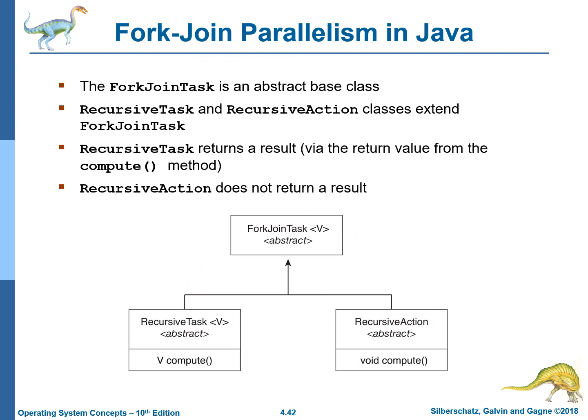ForkJoinTask is an abstract base class. RecursiveTask and RecursiveAction classes extend ForkJoinTask. RecursiveTask returns a result via the return value from the compute method. RecursiveAction does not return a result.